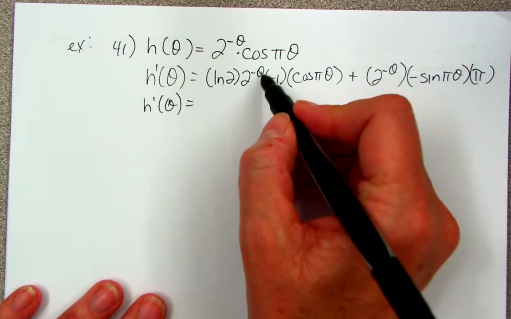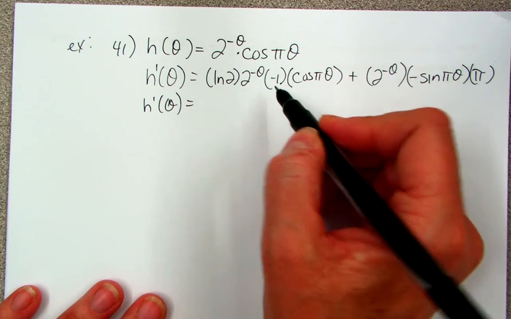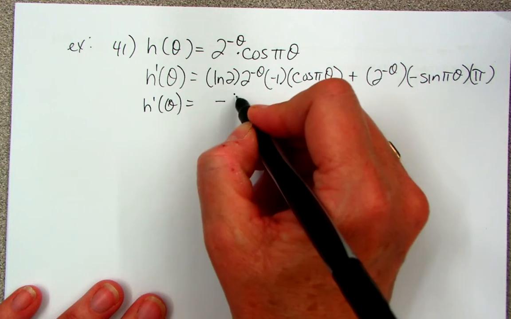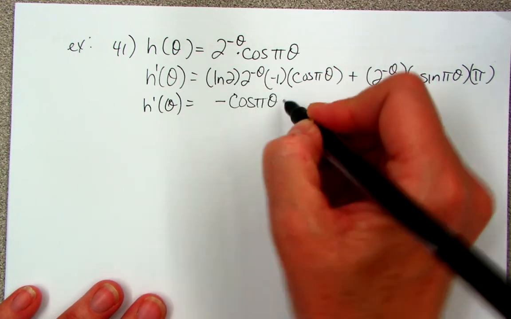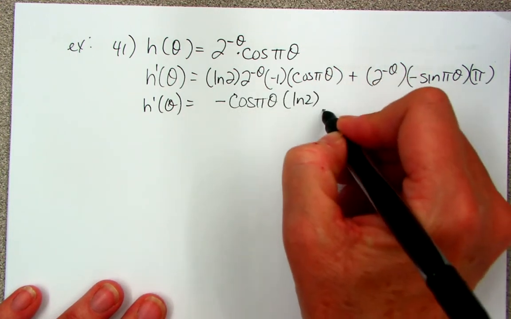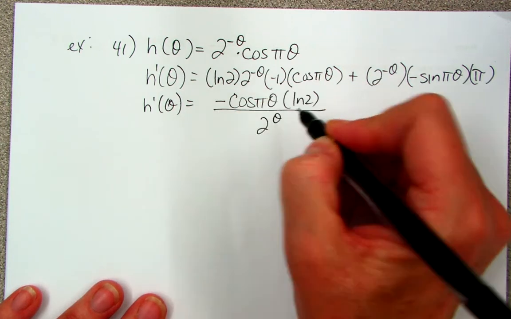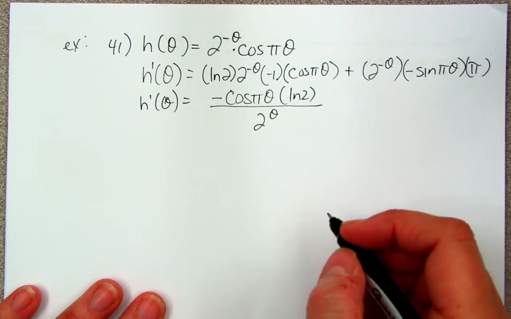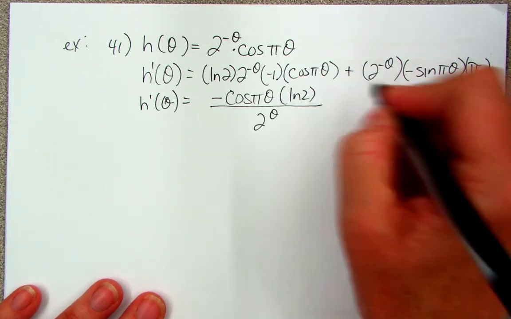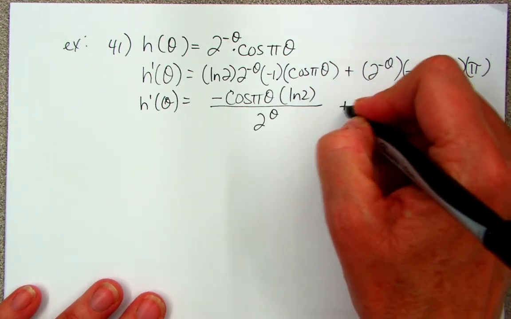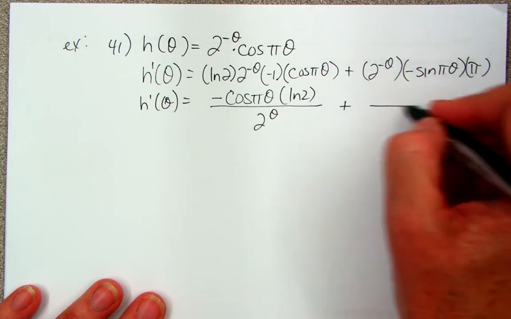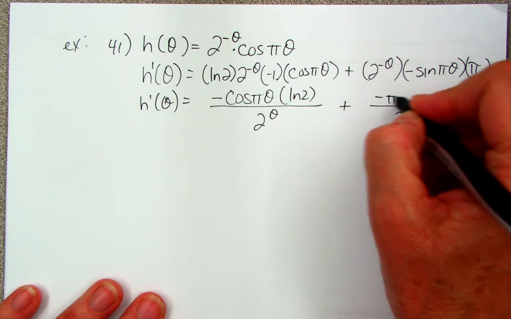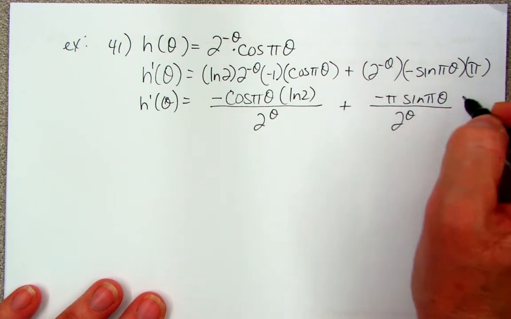Let's go ahead and clean this up. This belongs in the denominator. The whole thing is going to be negative, so negative cosine of pi theta times natural log of 2 all over 2 to the theta, plus, this belongs in the denominator, negative pi sine pi theta.